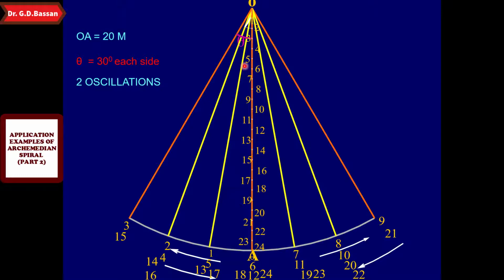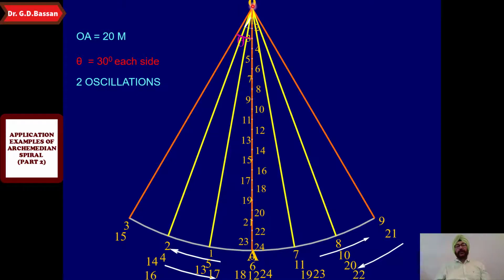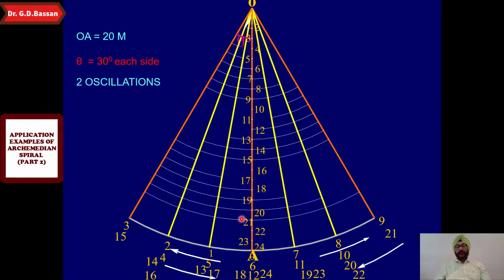Now we know how to draw the Archimedes spiral, as we discussed in the previous examples. Taking center at O, radius equal to O to 1, draw an arc. We are getting the point P1. Draw the corresponding arc from each point. We are getting the different positions.